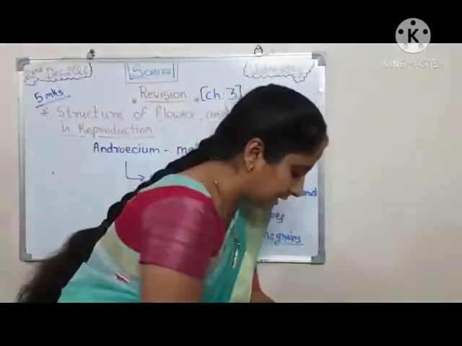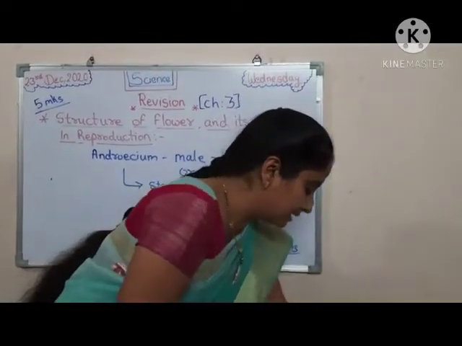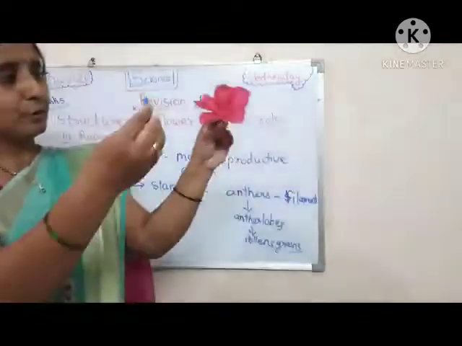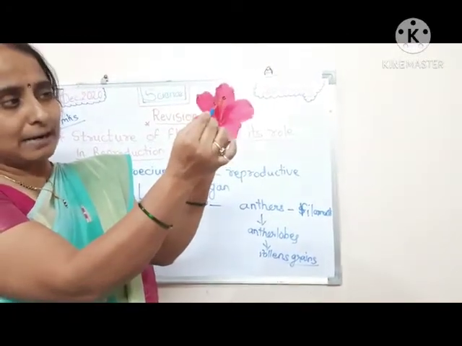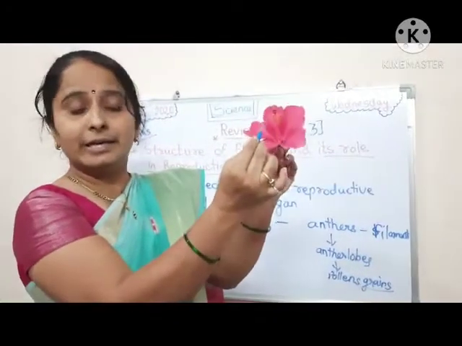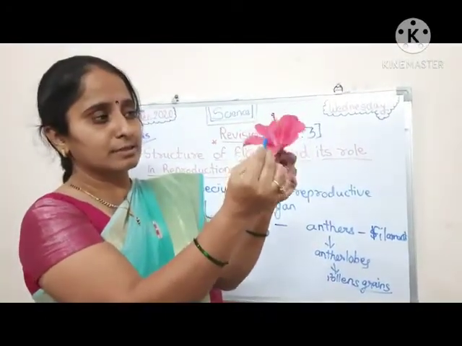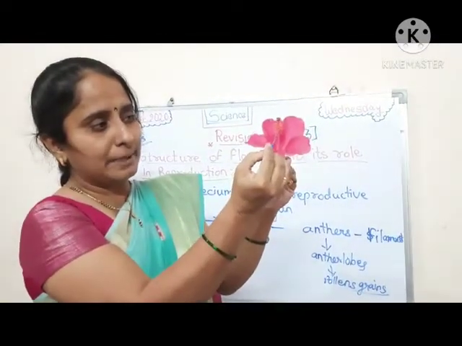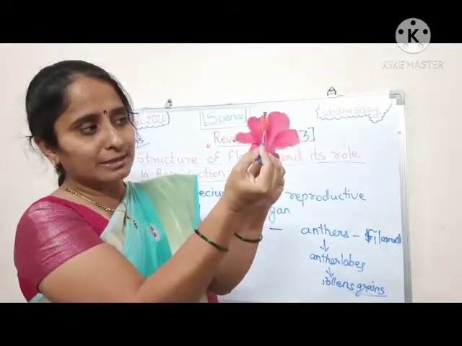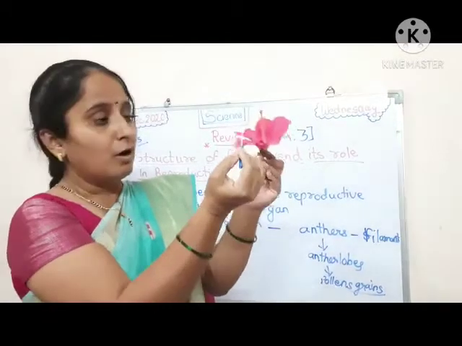Instead of this flower, I'll take another flower so that it will be easy for you to understand. You can see this yellow color part. There are many innumerable anthers on this. You can see this tiny filament and the yellow portion, that is the anther.